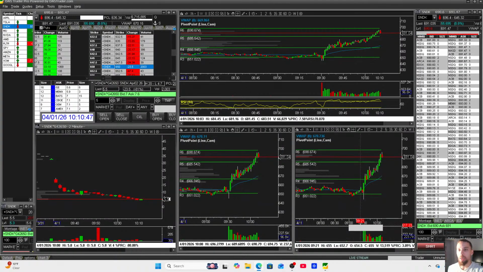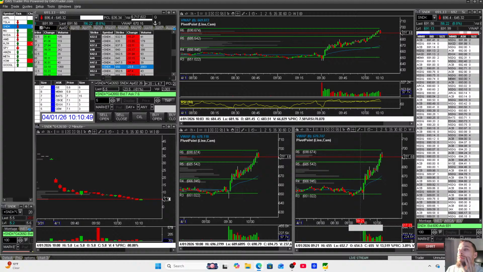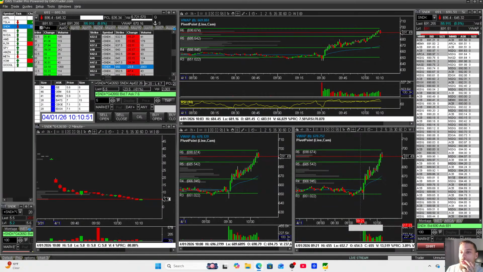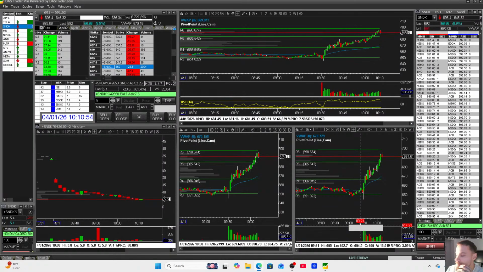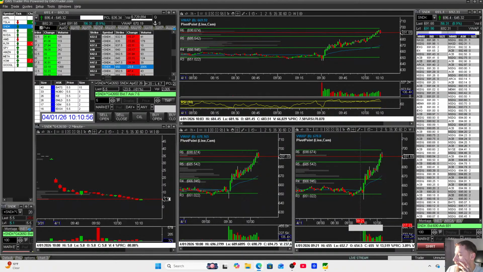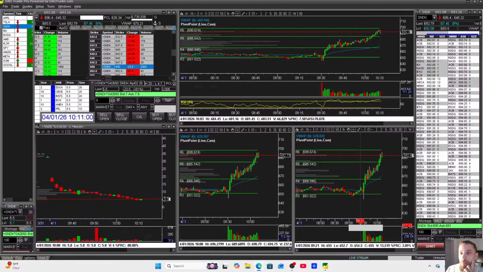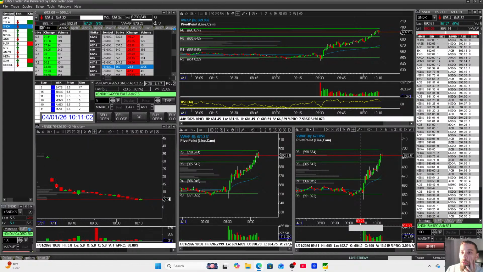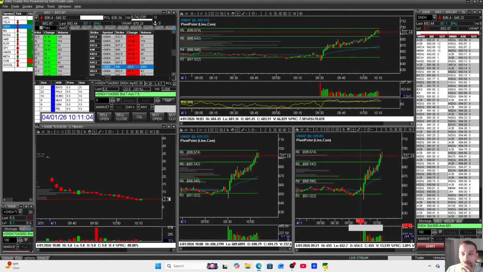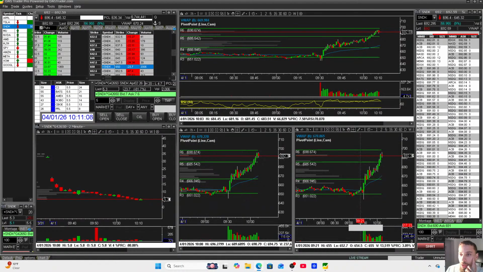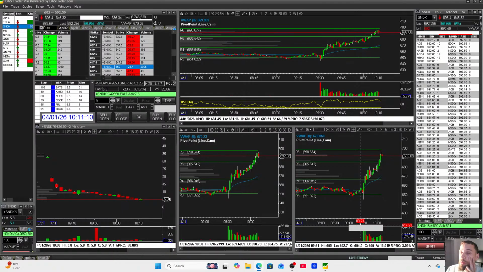It may pull back right here. May have missed it. That's okay if we did. I'm not gonna force anything. But I think it's gonna test the 700. I mean, at this point, why not test 700?